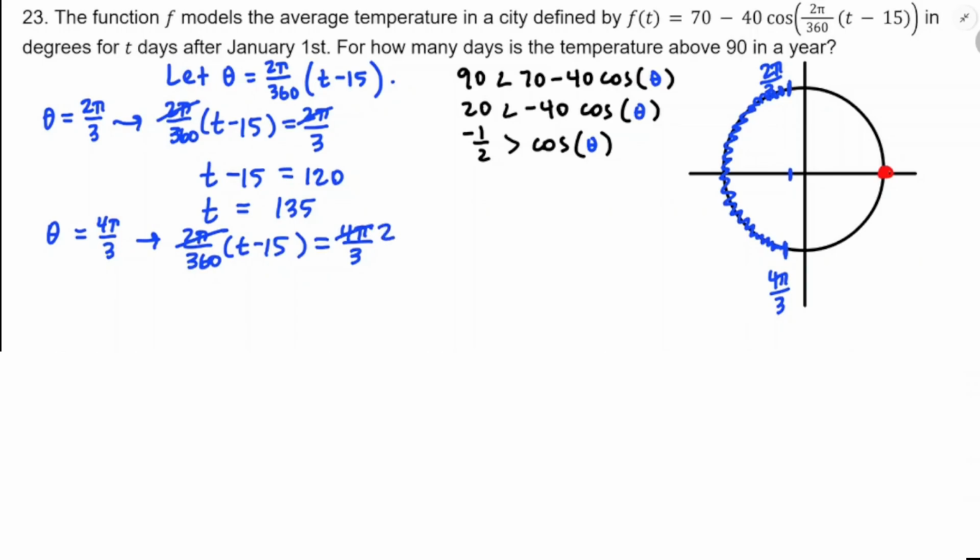Multiply by 360, so 2/3 of 360 will be 240. So t minus 15 equals 240. I'm going to add 15 to both sides, and I'll get t equaling 255. So that'll be from 135 to 255. That'll be 120 days.